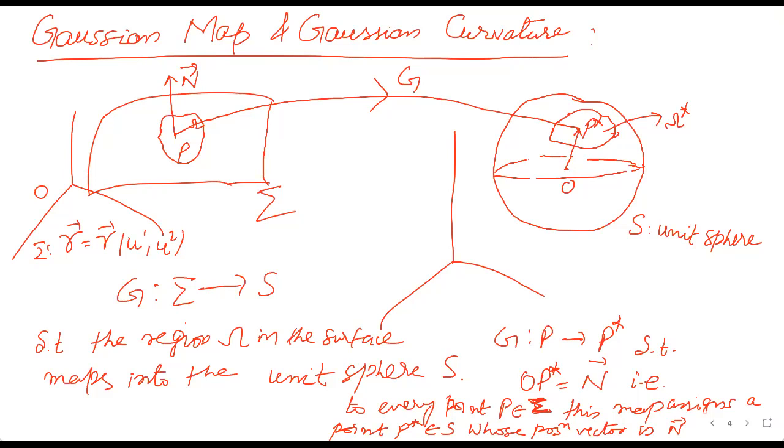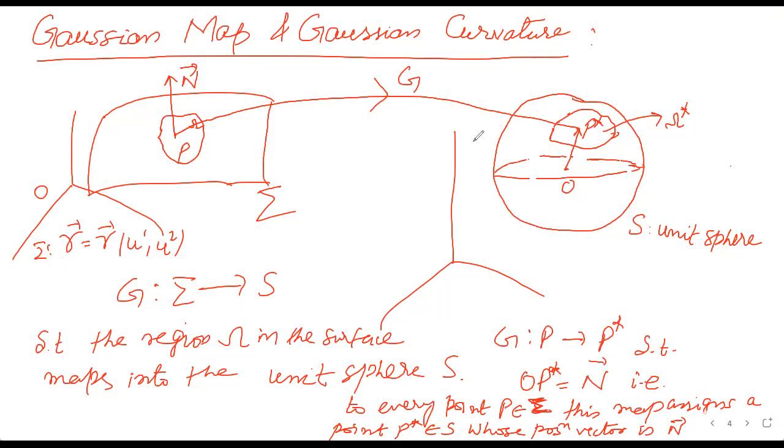So from sigma to surface, yeah, from this region to this region. So that is the unit sphere. What is the surface? It is the unit sphere, right? There is no other surface like that, right? Your codomain is a sphere.